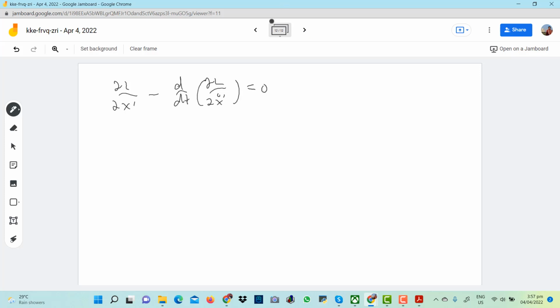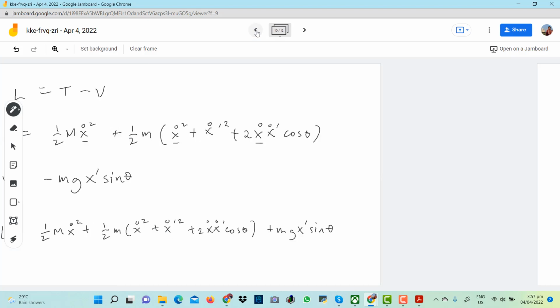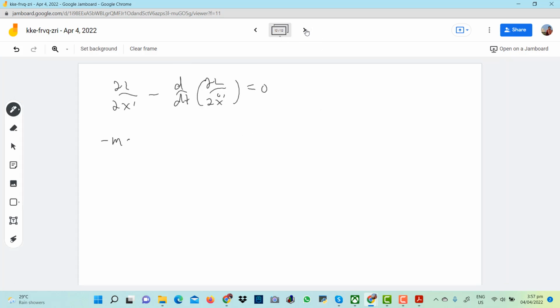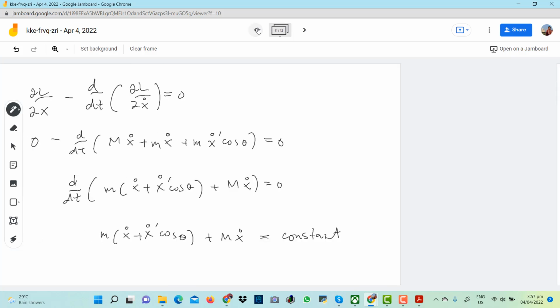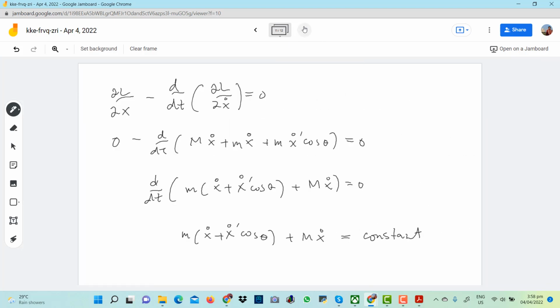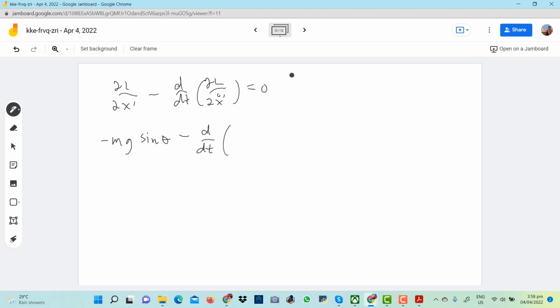This one is not 0, because your potential depends on x prime. So I have minus mg sine theta minus d/dt of this. Deriving with respect to x prime dot, I have d/dt of m x dot prime plus m x dot cosine of theta equal to 0.